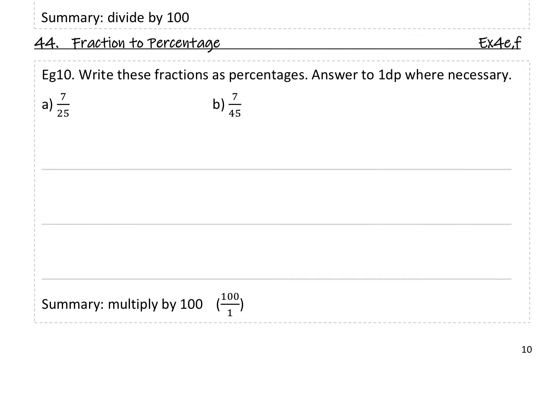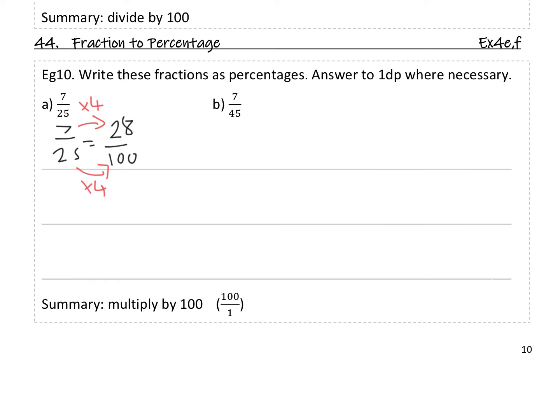So 7/25, because the denominator divides into 100, we can change 7/25 to be an equivalent fraction out of 100. Here, 25 times 4 gives you 100. So we multiply the numerator by 4, so 7 times 4 would give you 28.